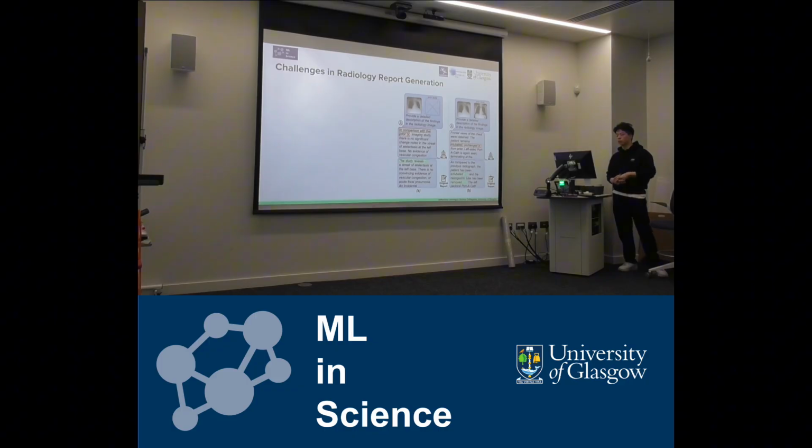So let's talk in more detail about this task. It is pretty straightforward: the model takes a chest X-ray, or paired or multiple chest X-rays, and generates a corresponding report that can mimic how radiologists write their own reports.